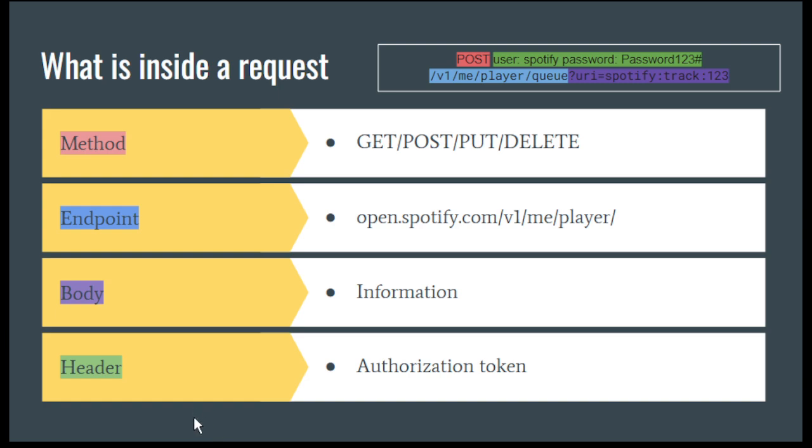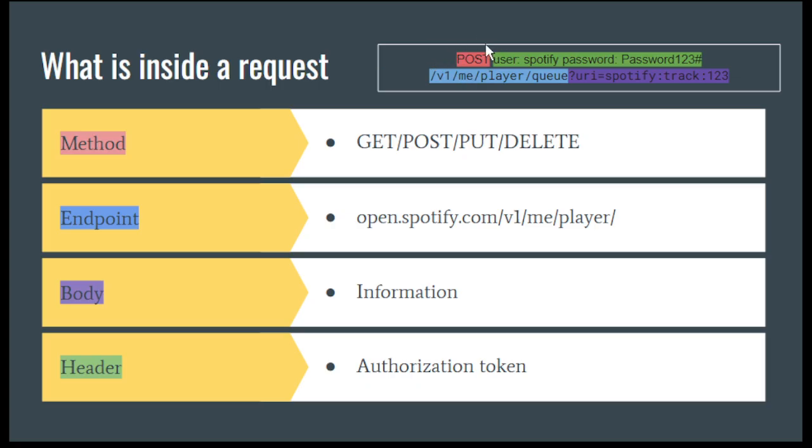And so let's look at an actual API request. Up here, this is what an API request will look like in the real world. When your app is sending a request to Spotify, it has four different parts to it. It's got the method, right?